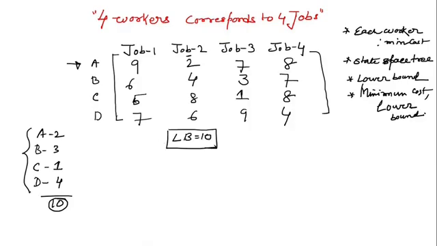So what will happen? Let's say if worker A chooses job 1, then what will be the cost? If A chooses job 1, definitely this is the first entry, so 9 will come here.